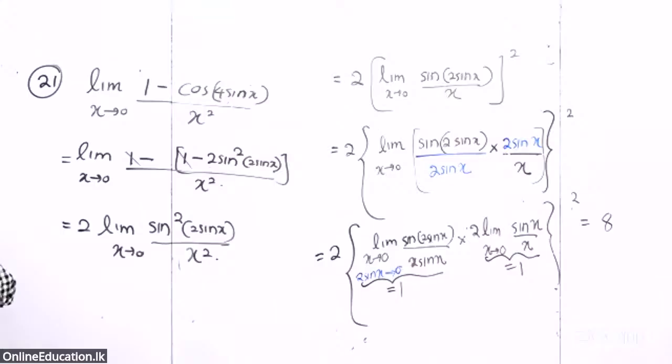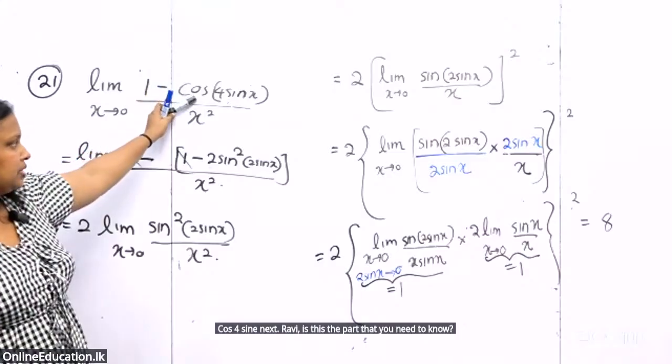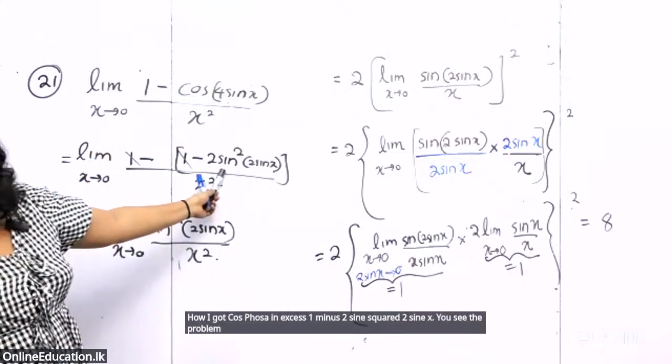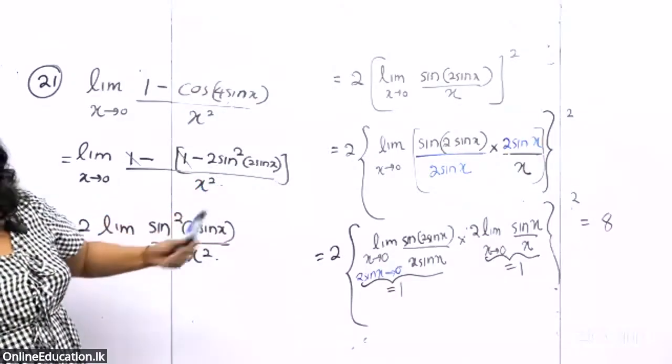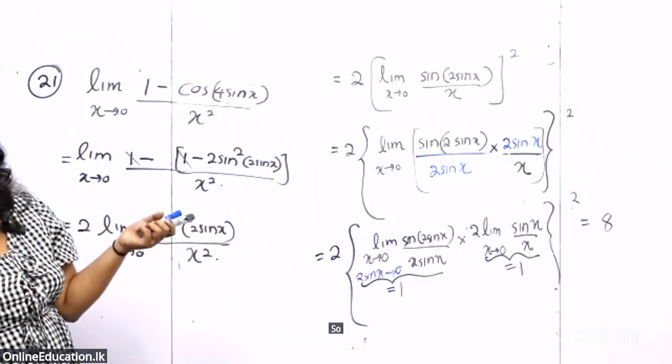Cos 4 sin x. Ravin, is this the part that you need to know? How I got cos 4 sin x as 1 minus 2 sin squared 2 sin x? Is it the problem? So if it is cos 4x, how to do?